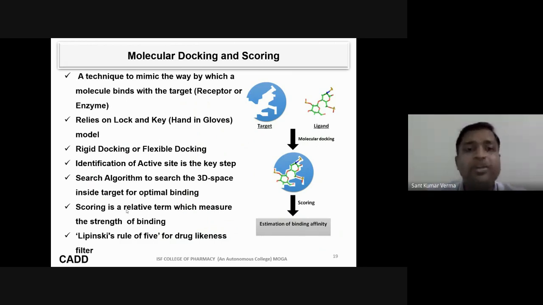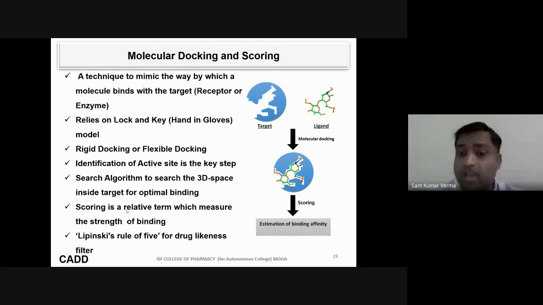It is a technique to mimic the way a molecule binds with the target receptor or enzyme, relying on the lock and key concept. Like a lock is fitted with a key, similarly a ligand can fit to the target like a hand in a glove.